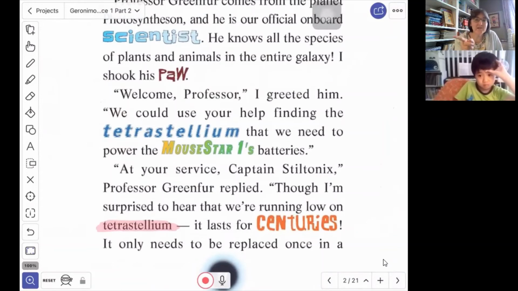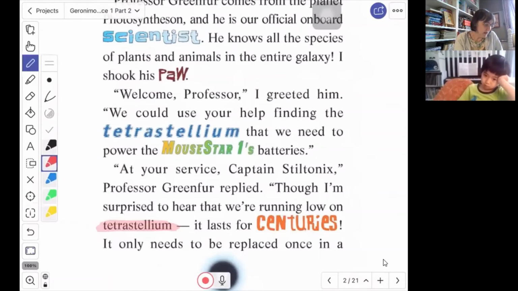And what I found interesting was that Professor Greenfur said, I'm surprised to hear that we're running low on Tetrastellium. He says it lasts for centuries. Well, we learned that 1 century is how many years? 100.